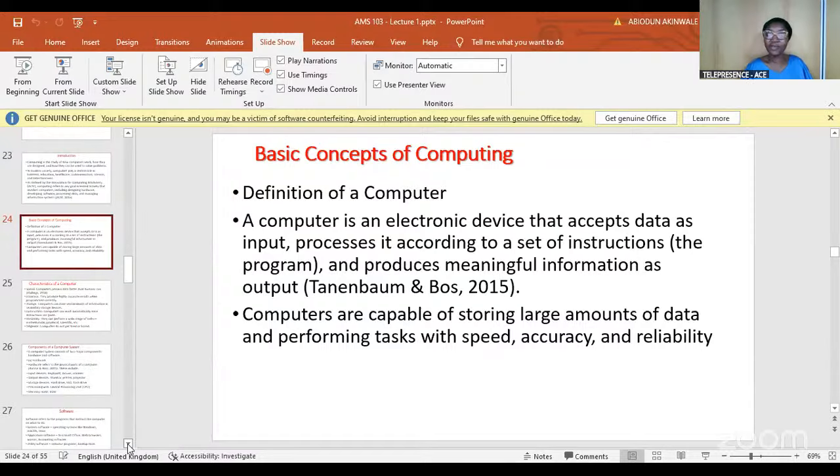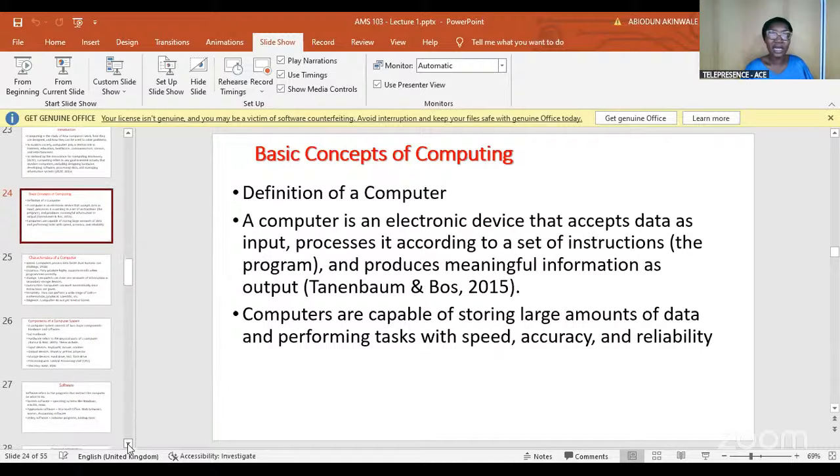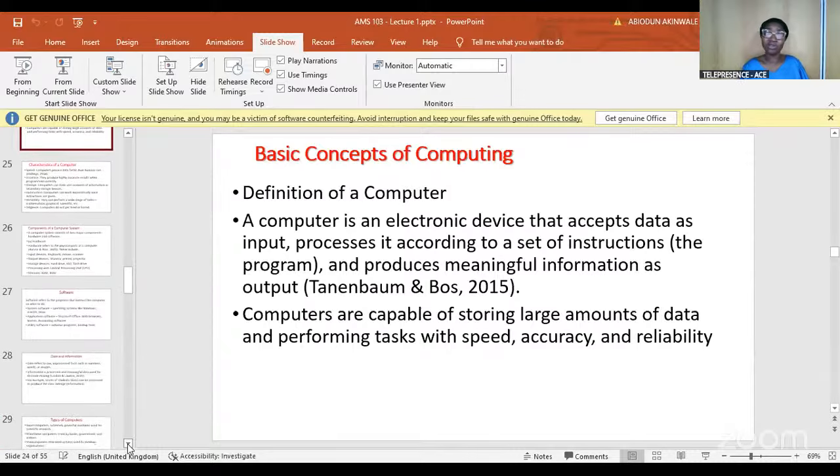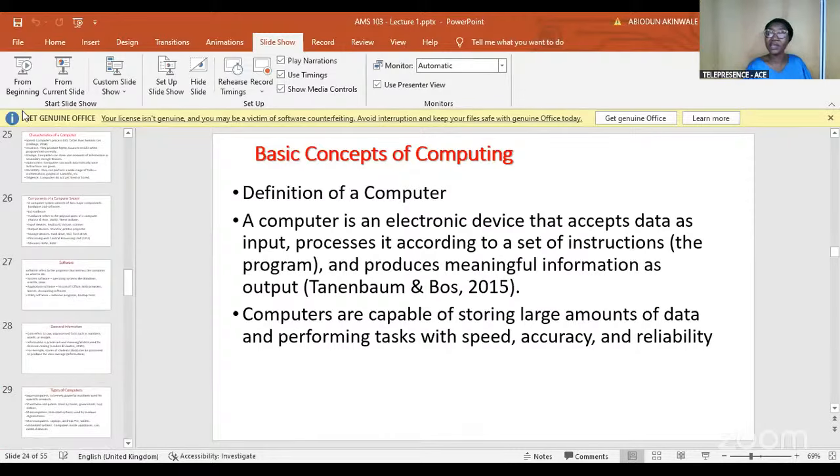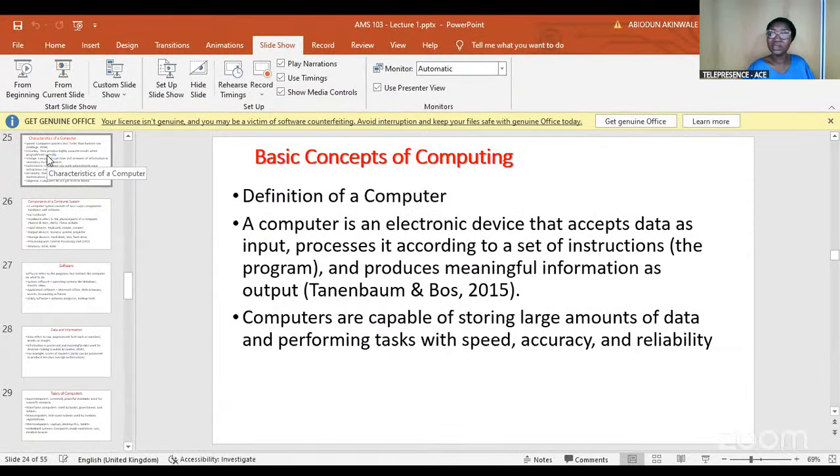and processes it according to the set of instructions given to it. The program will be written, the algorithm will be written, a set of instructions will be written, and whatever you ask the computer, if you ask it to add or multiply or concatenate or do anything, it will do it for you and produce meaningful information. The information that it generates is what we call the output. So generally you have input, process, output.